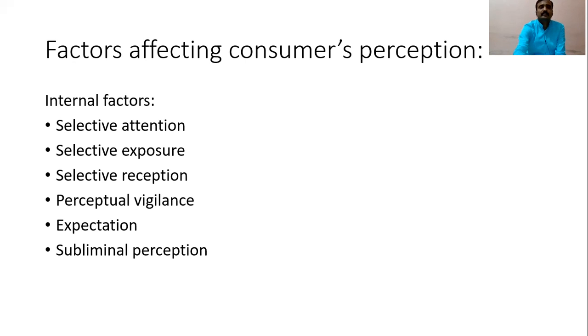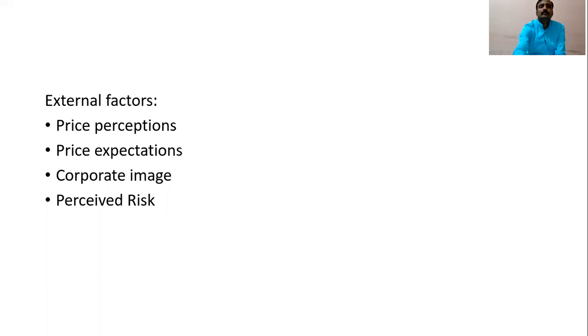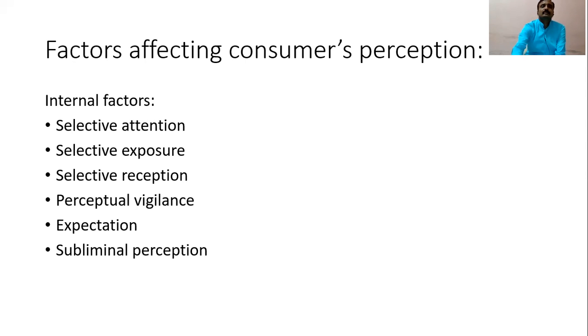Let us explain each point one by one. The external factors are price perception, price expectation, corporate image, and perceived risk. First of all, I will explain the internal factor, selective attention.